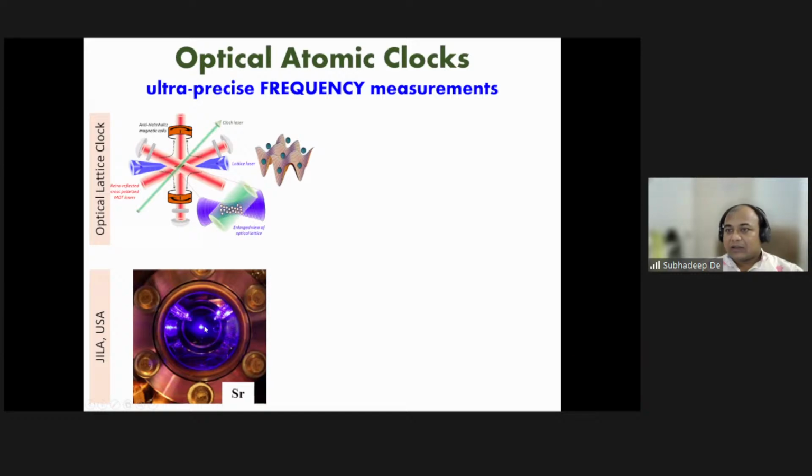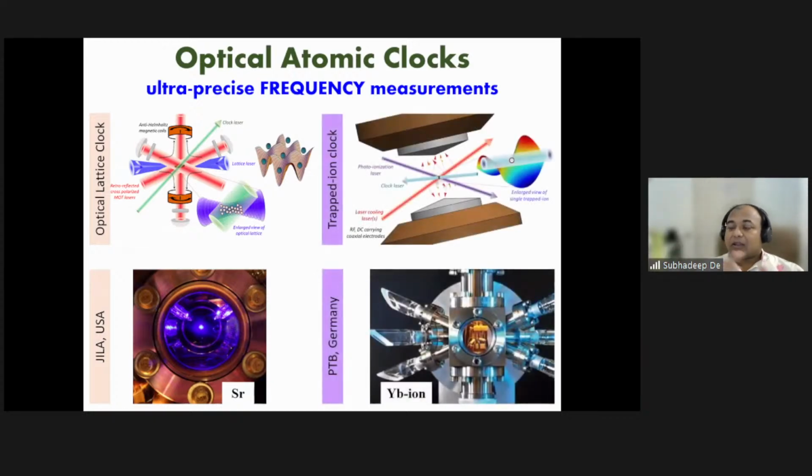In my last lecture, I was explaining what is a magneto-optical trap. So these are strontium atoms, which are confined in a magneto-optical trap, and people build atomic clocks using, let's say, billions of neutral strontium atoms. The other one is ions. Instead of neutral atoms, singly charged ions can also be confined in an electrodynamic trap, and I will discuss the details in this lecture later.